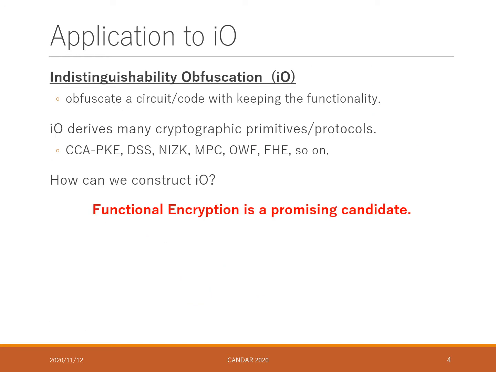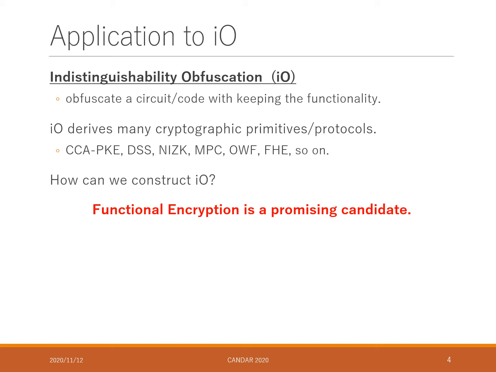One of the most important applications of functional encryption is indistinguishability obfuscation, iO. This iO obfuscates a circuit or code while keeping its functionality.